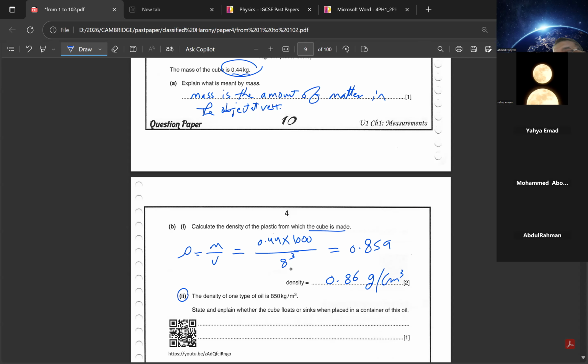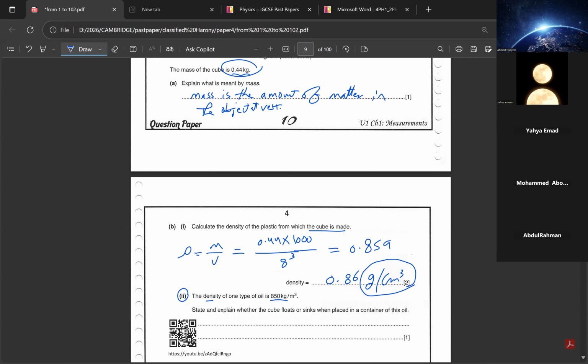Yes, sir. Do you call my name? Yes. Okay. The density of one of... I think it will float. Oh, it will float, no, no, Yahya. Sorry, sink. I think it will sink. Now, as you see, Salma, you find the density in gram per centimeter cube.